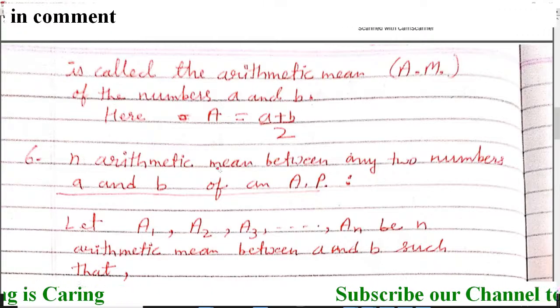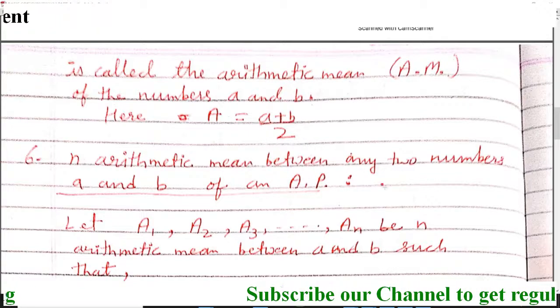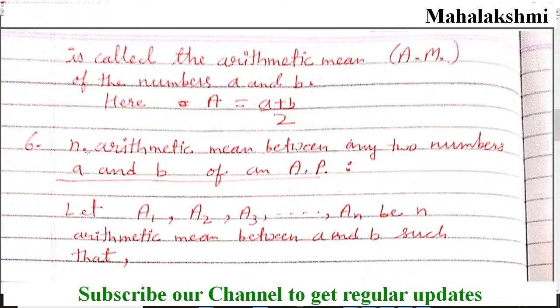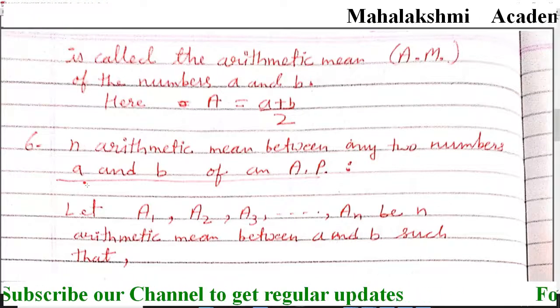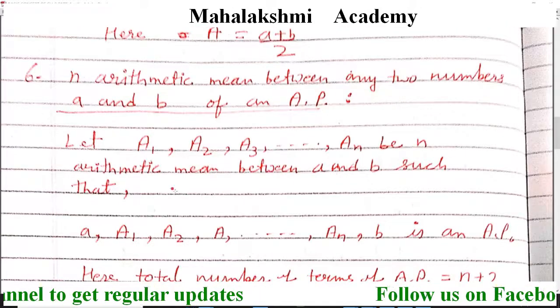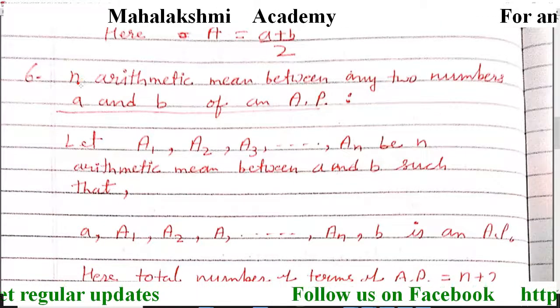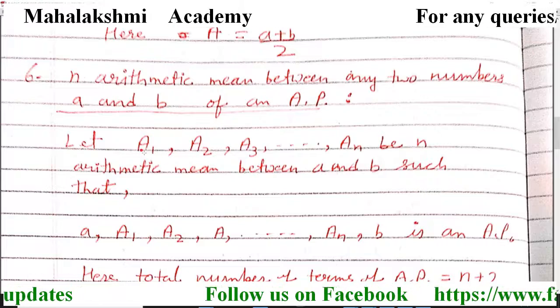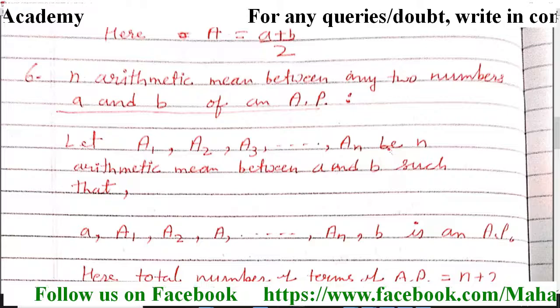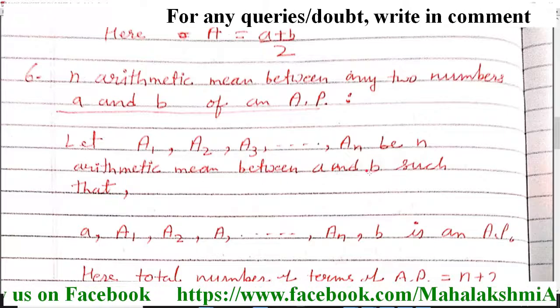Suppose we have to introduce n arithmetic means between any two numbers a and b of an AP. Firstly, I assume these n arithmetic means are A1, A2, A3 and so on up to An, between a and b.